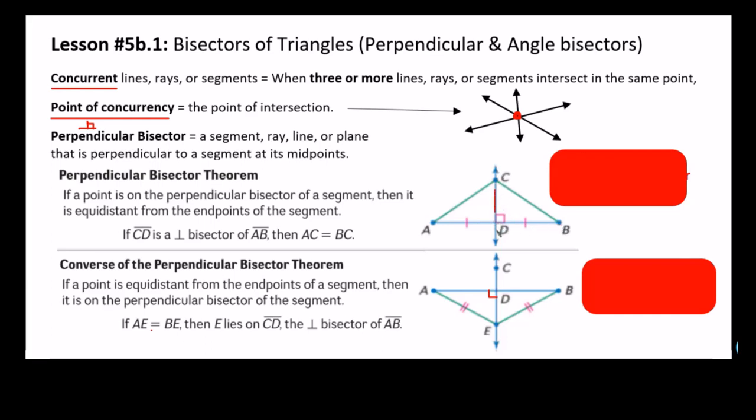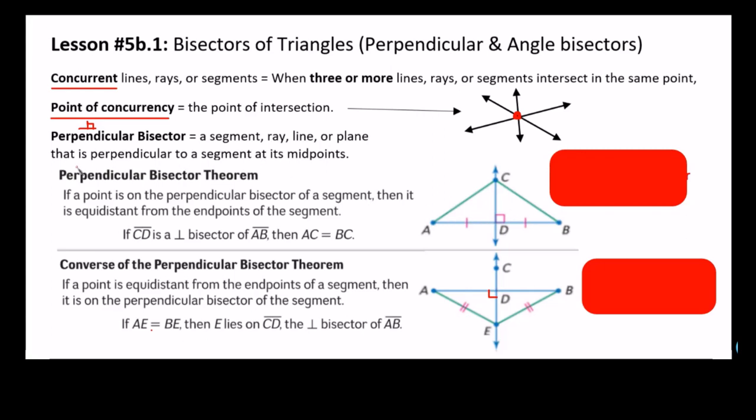So that means CD is the perpendicular bisector of AB. So remember, a perpendicular bisector could be a segment, a ray, a line, or plane that is perpendicular to a segment at its midpoint. So in this case, I have this line, and it's the perpendicular bisector because it's perpendicular at the midpoint of AB.